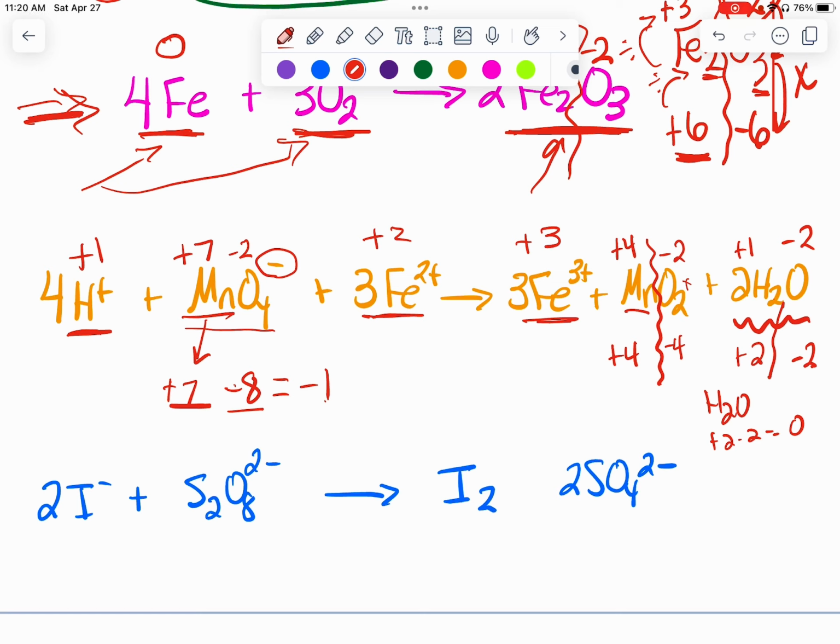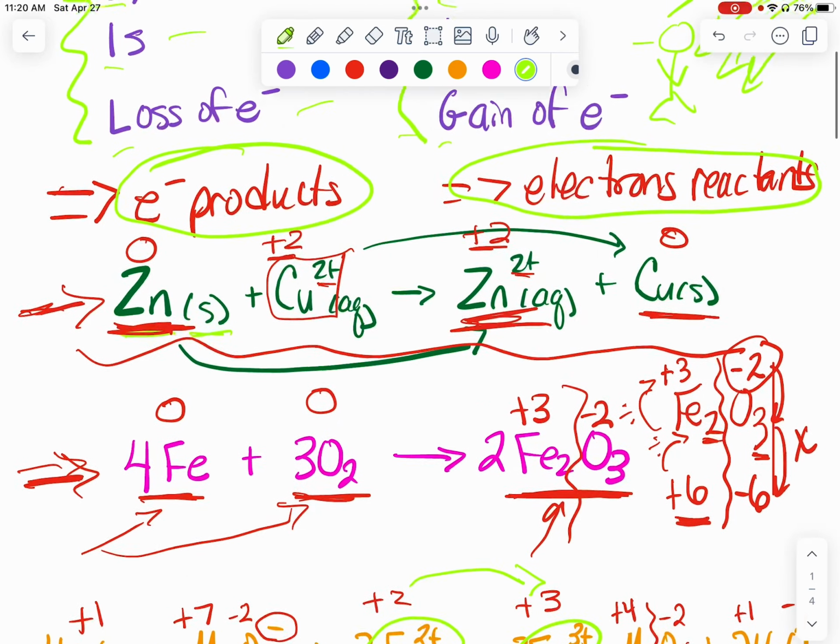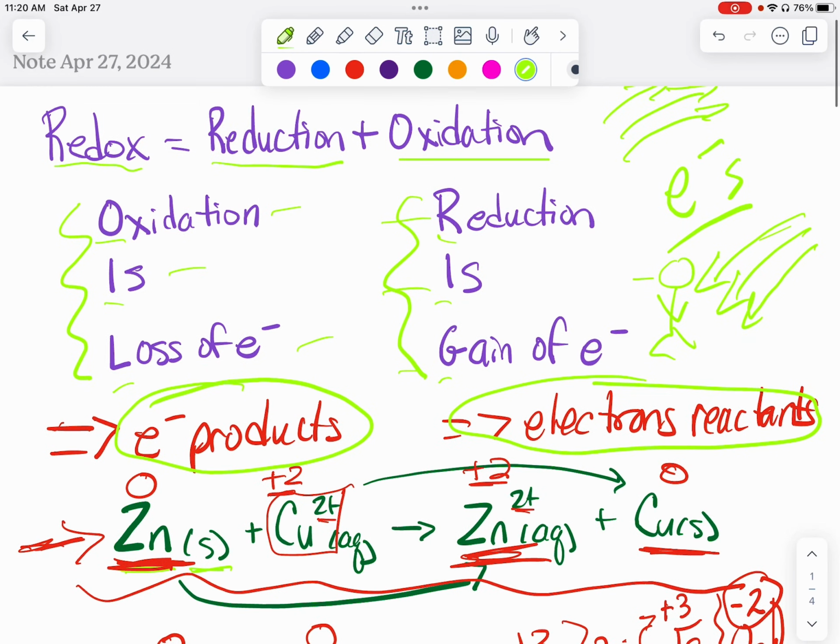Now, while we're here, I want to point something out. One of the things we're going to do is try to figure out, well, who changes? Well, take a look at this. Don't those 2 change? Iron goes from a +2 to a +3. It's becoming more positive. And when you become more positive, it's because you're losing electrons.